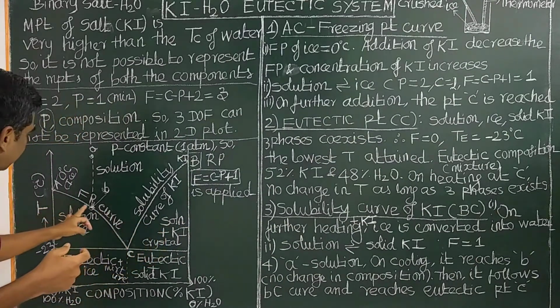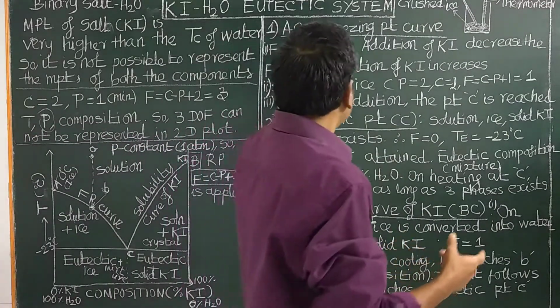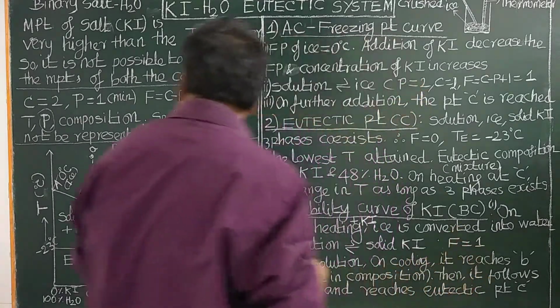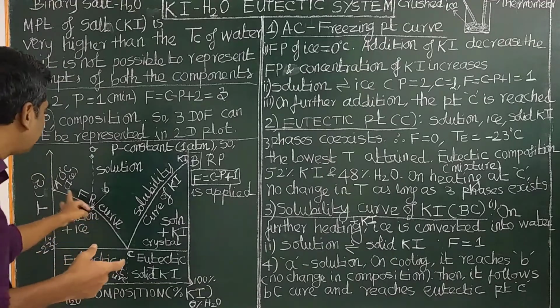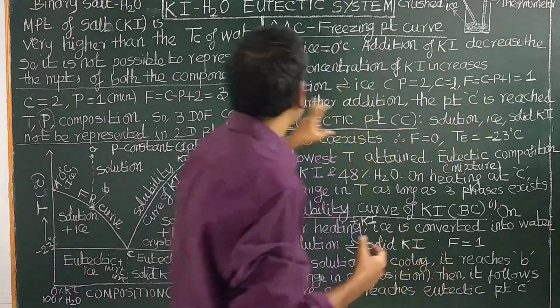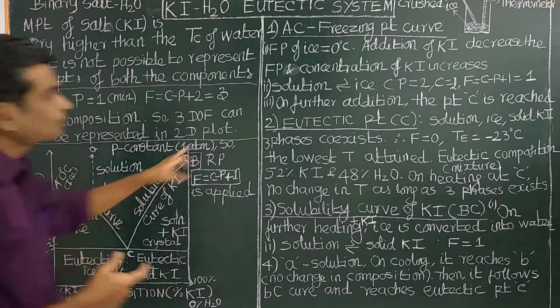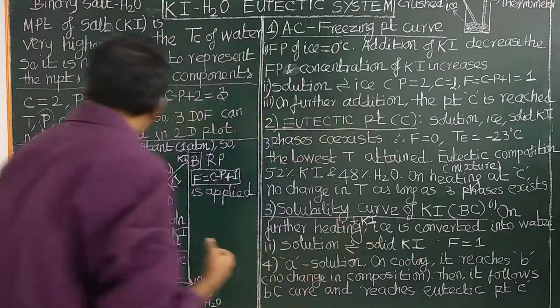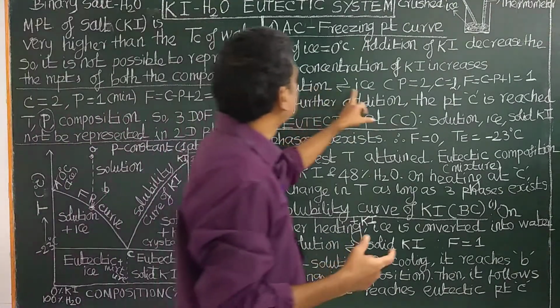The freezing point decreases on further addition, and the concentration of KI increases. As the concentration of KI increases, the freezing point decreases. Along this curve, there are two phases: the solution phase and solid ice.